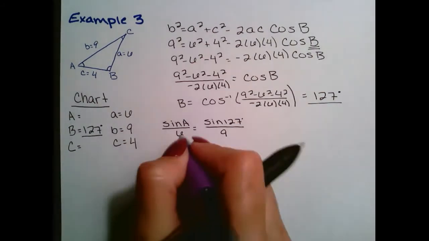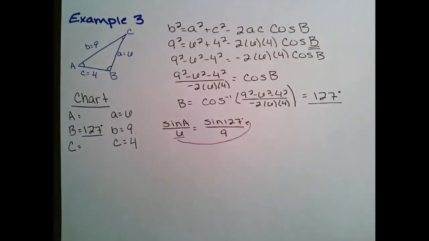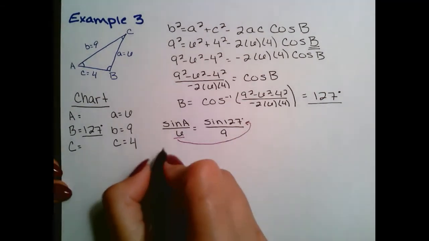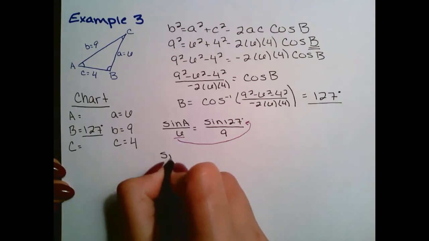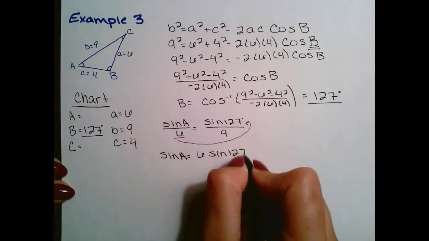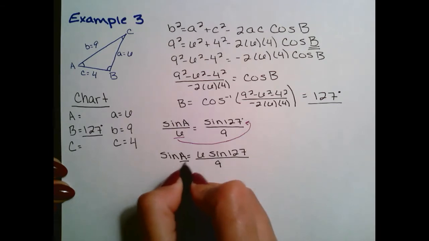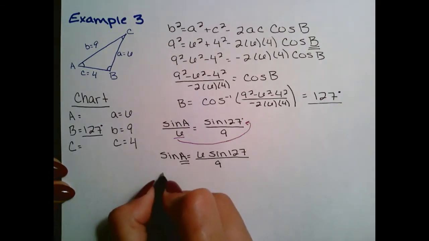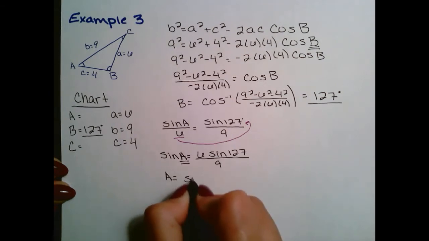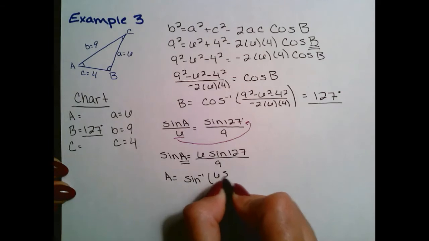I'm going to move this 6 over to the other side. Sine of A equals 6 times sine of 127 over 9. And to get this A by itself, we are going to say A is equal to the inverse sine of this fraction.